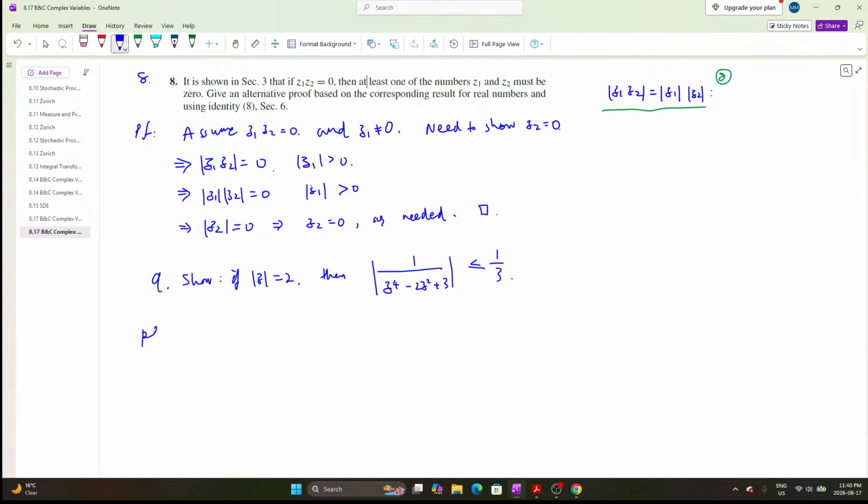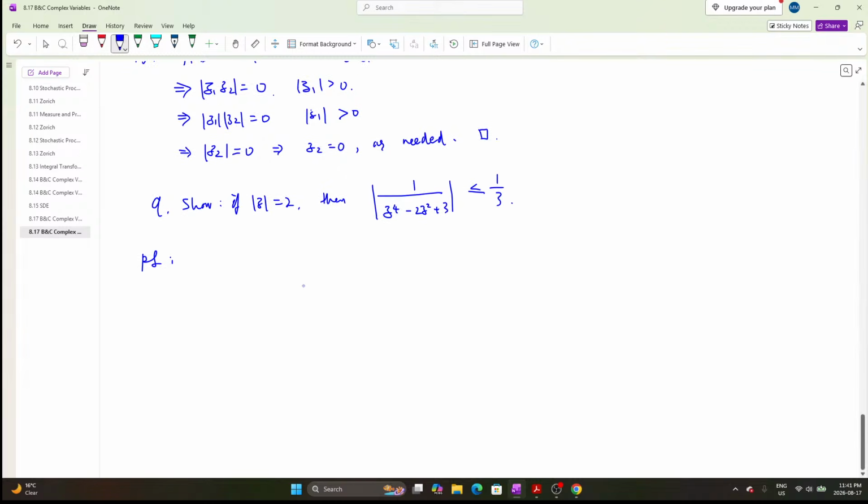Proof. Okay, so this sort of upper bound estimate is super useful in contour integrals. That's chapter 4, contour integrals.